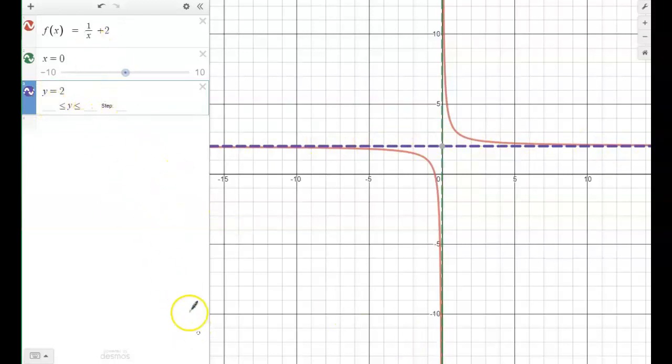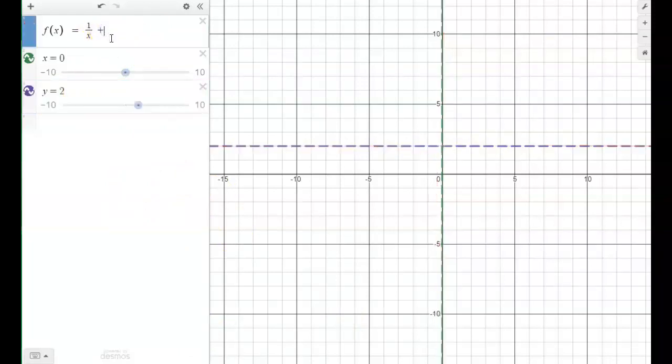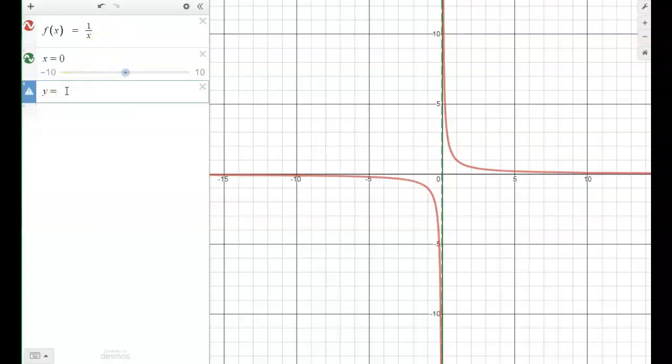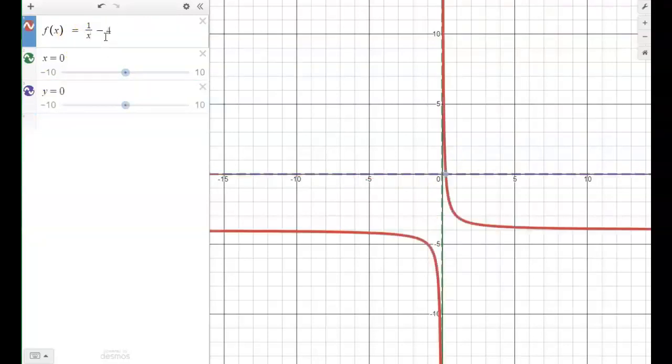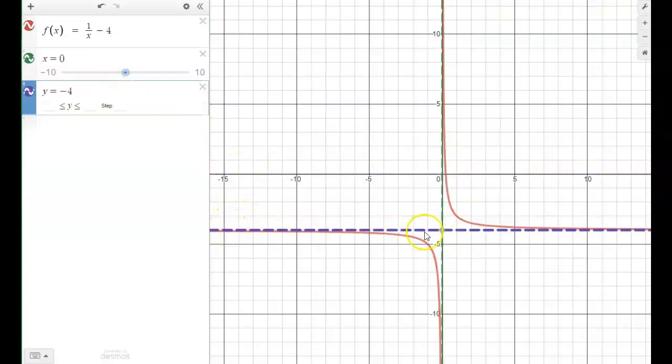Another thing that you can do is you can also set it back to where it was really quick. If you subtract a number from your function, let's say I subtract 4 from my function, now my graph has been shifted down, and now my horizontal asymptote is down here at -4.